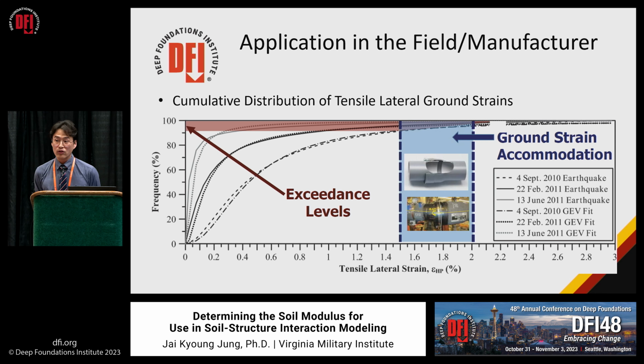Say that your product, let's say the foundation, can sustain, say, 2% of lateral strain, that means there is more than 95% chance that your foundation is going to survive. And this is not from an experiment. This is from the large, big data that we obtained from past earthquake history.